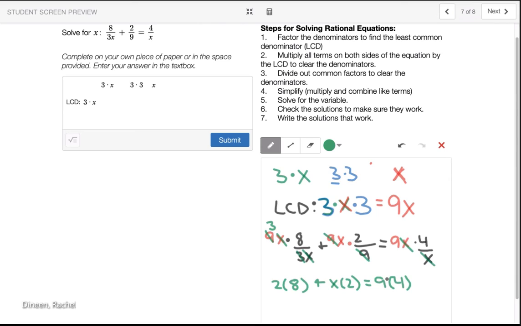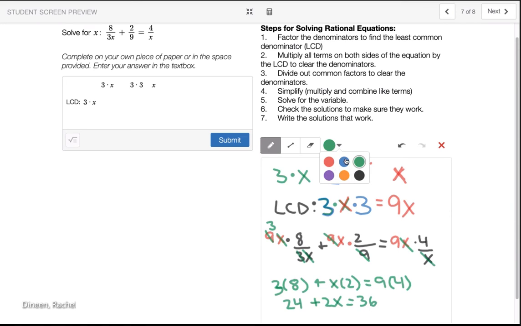All right, I went ahead and cleared the denominators. Wouldn't that be a 3 times 8? That would be a 3 times 8. Thank you for checking my work. Wait, why did you change the 9 to a 3?